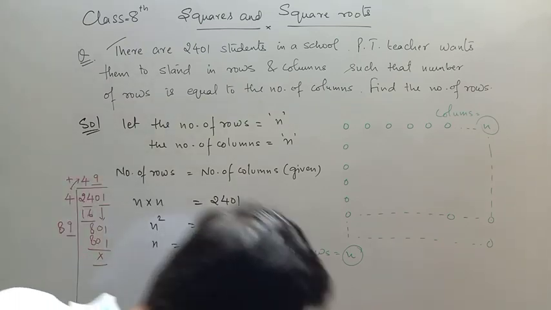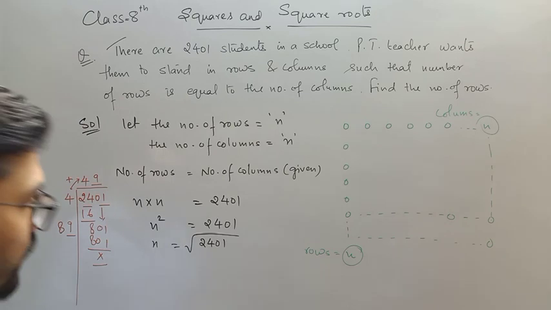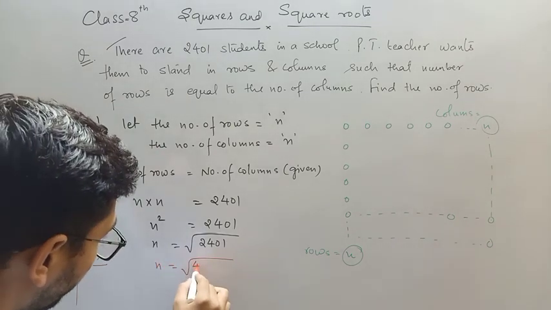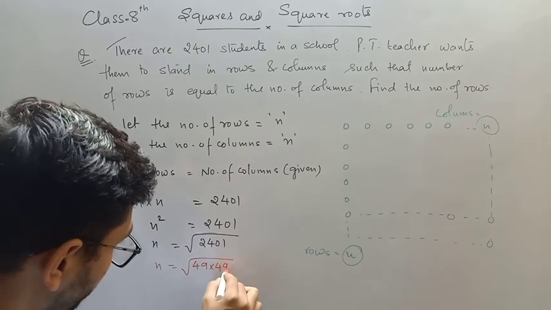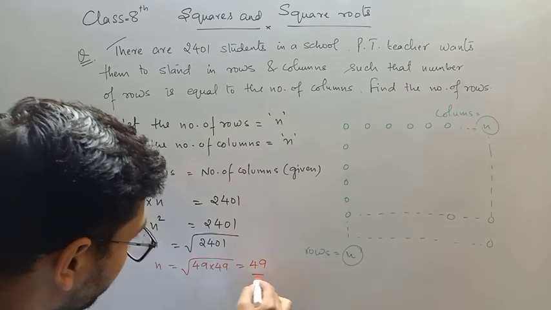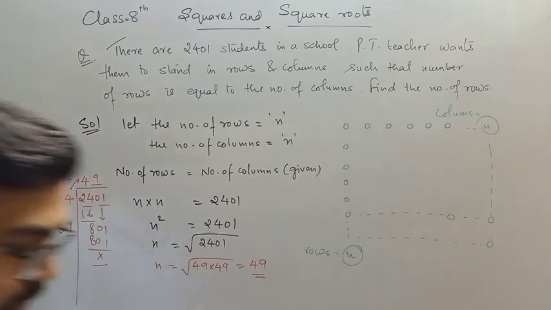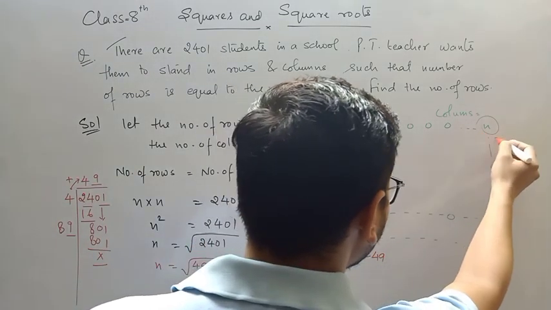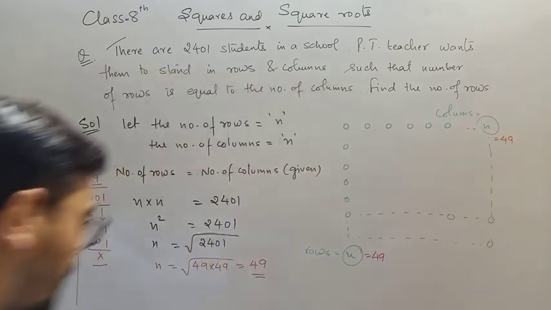So the square root of 2401 is equal to 49. So you can write 49 into 49, which is equal to 2401. So like this, the number of rows is equal to 49 and the number of columns is equal to 49. So this is your answer.